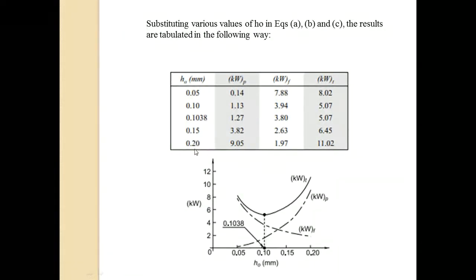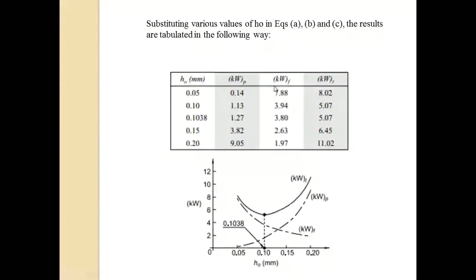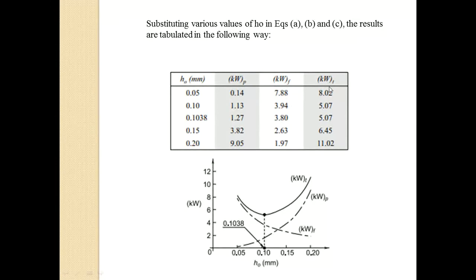Again we consider 0.20. For the value 0.05, I got KW of P 0.14, and for this value 0.05, KW of F is 7.88, and total energy loss we got here 8.02. For the value 0.10 we got power losses, energy losses for the pumping of lubricating oil, 1.13.